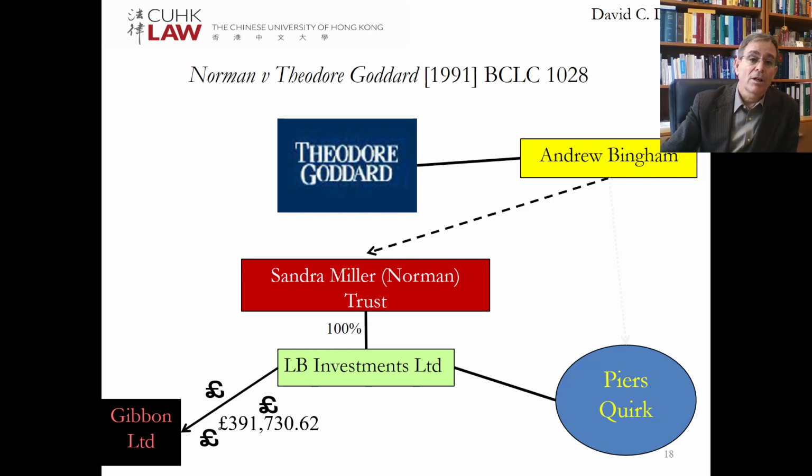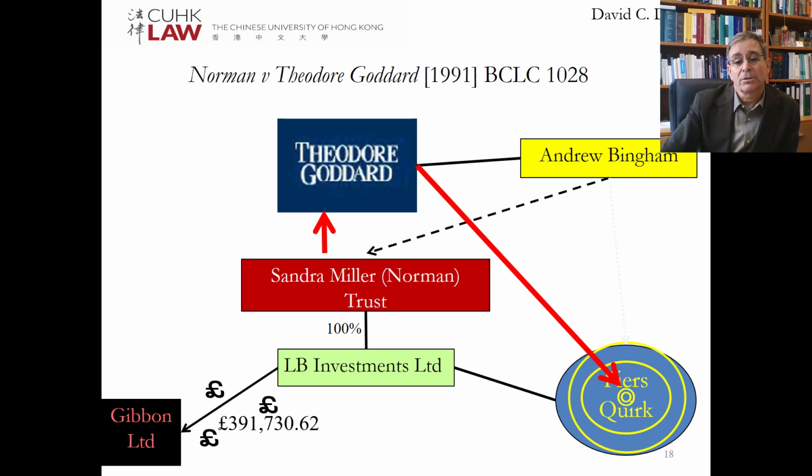When the funds are lost, the plaintiff acts against Theodore Goddard because Theodore Goddard has been managing this trust. And then Theodore Goddard goes against Piers Quirk. And so here you have some very skillful people, the partners of Theodore Goddard, among whom is Andrew Bingham. And you have one relatively inexperienced person, which is Piers Quirk.